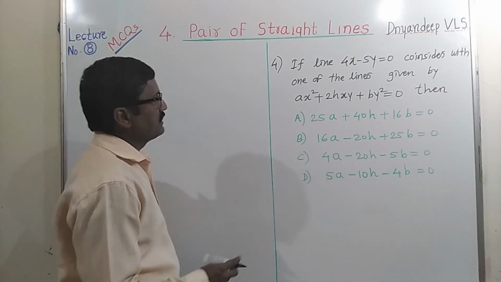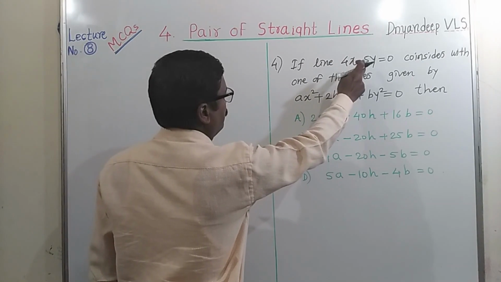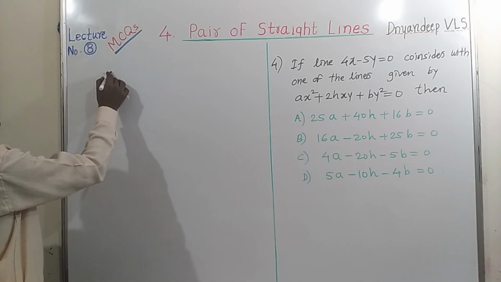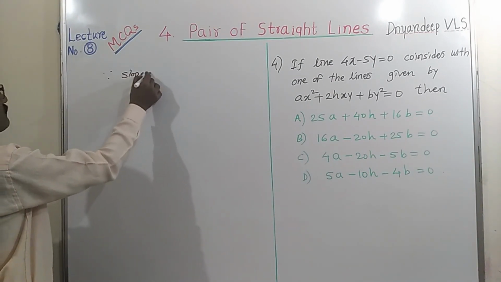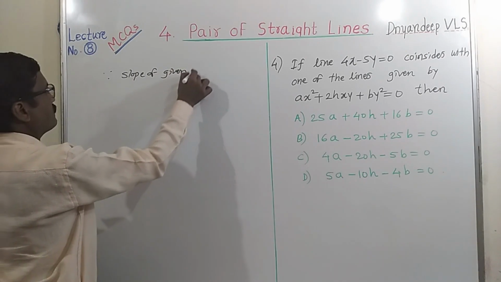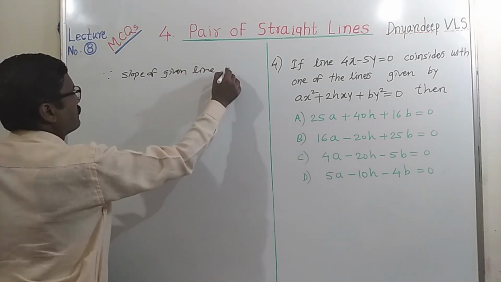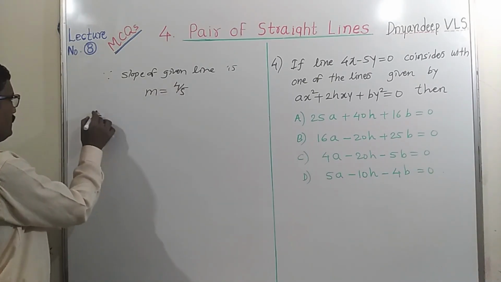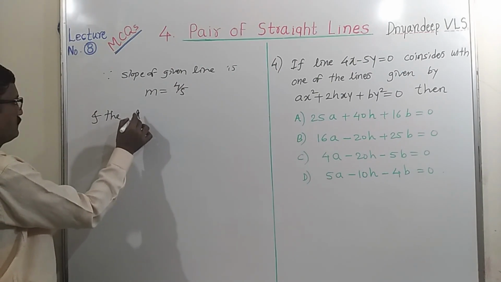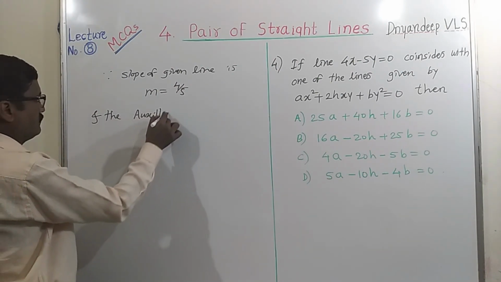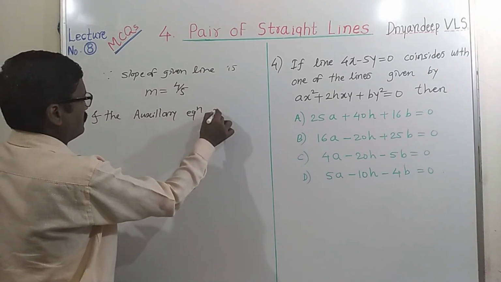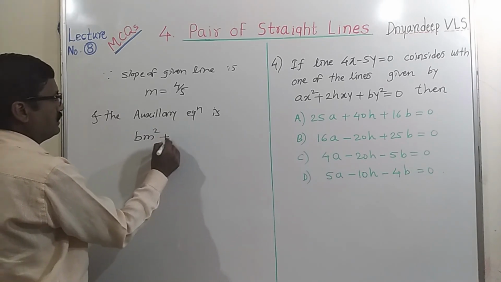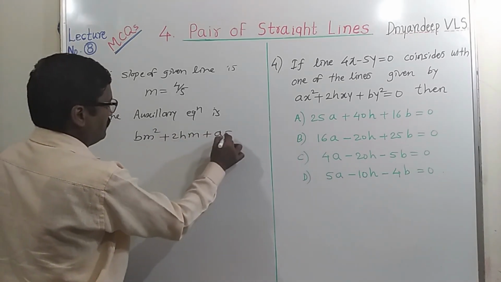Let us find the condition. For that, this is one of the lines, so we can put here the slope of this line in the auxiliary equation of this line. Since here the slope of the given line is m equal to 4 by 5, and the auxiliary equation is bm square plus 2hm plus a equal to 0.